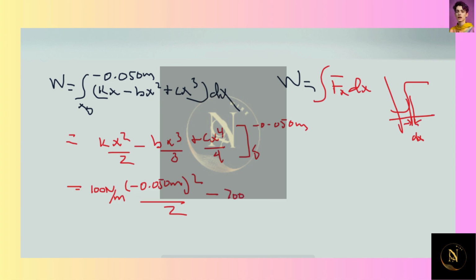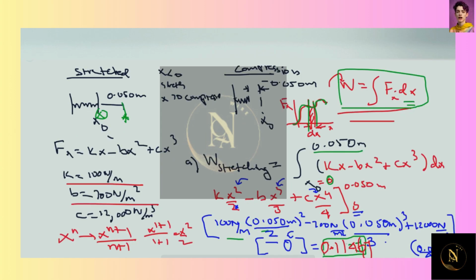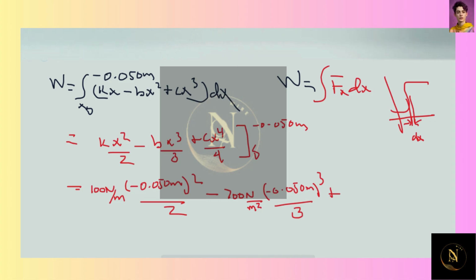So we write 700 newton per meter squared, and then we plug in the negative 0.05 meters, cubed over 3, plus c, which is 12,000 newton per meter cubed. Again, you plug in negative 0.050. It's a little bit tedious, but you just want to be patient, over 4.